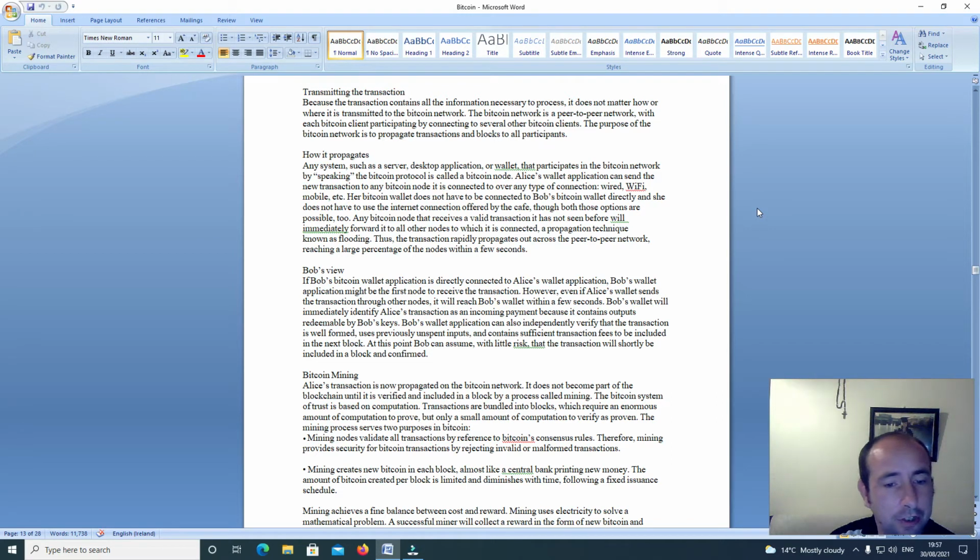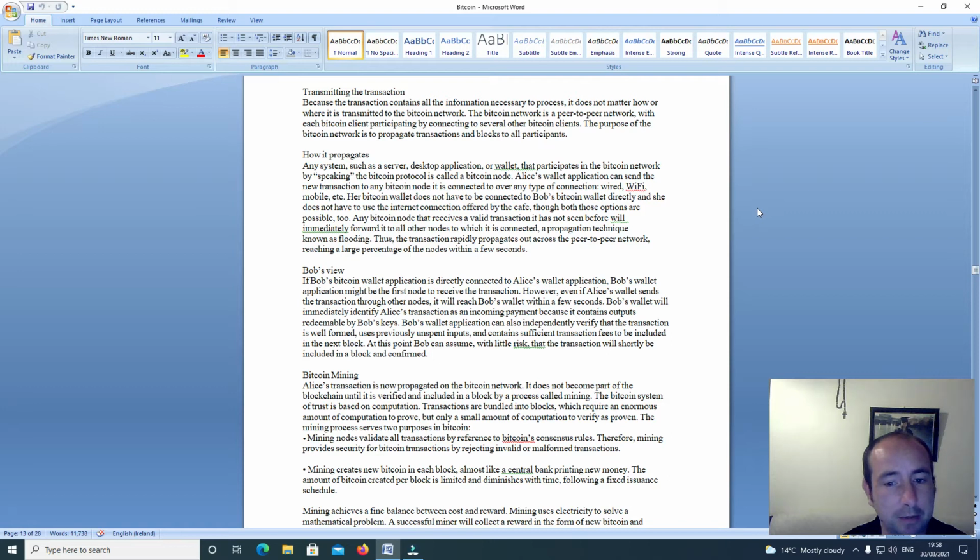If Bob's Bitcoin wallet application is directly connected to Alice's wallet application, Bob's wallet application might be the first node to receive the transaction. However, even if Alice's wallet sends the transaction through other nodes, it will reach Bob's wallet within a few seconds. Bob's wallet will immediately identify Alice's transaction as an incoming payment because it contains outputs redeemable by Bob's keys.